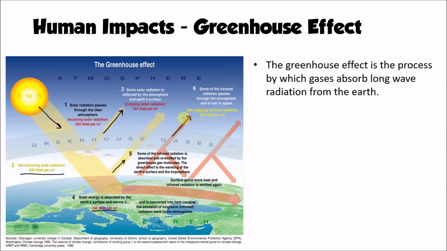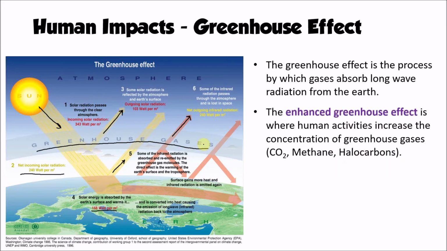Some of it, however, will be trapped by this layer of greenhouse gases that we have within our atmosphere. Things like carbon dioxide, water vapour and methane are going to be trapping that heat. This is a perfectly natural process. However, human activity is speeding this process up, or enhancing it.